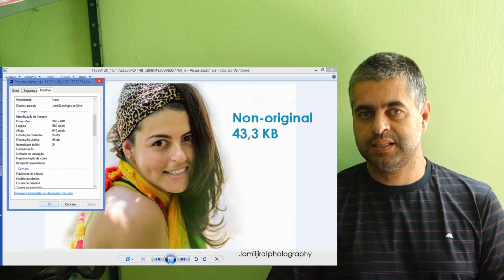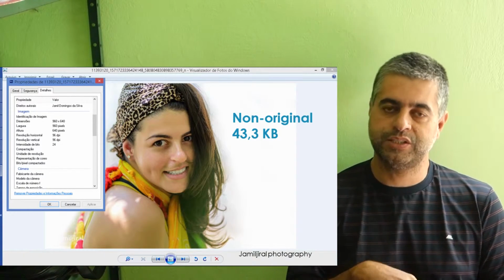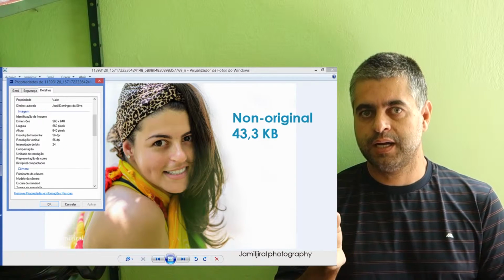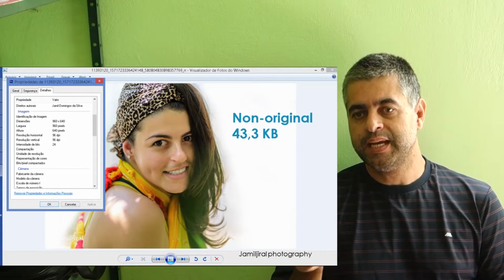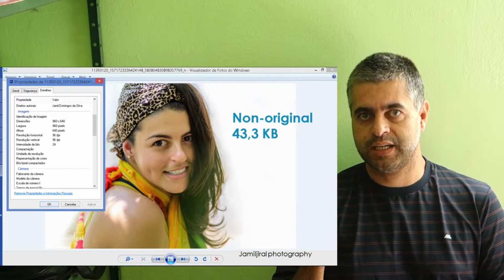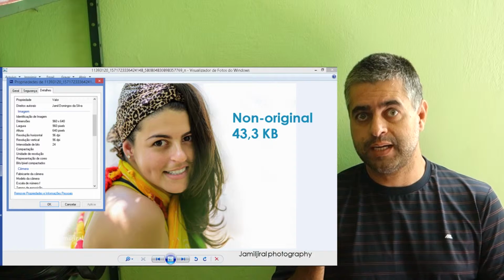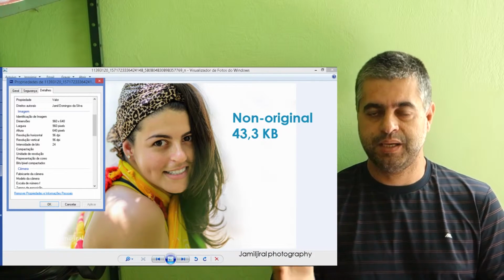It means that in 1 inch we're going to have just 96 dots compared to the original picture, which has 240 dots per inch. It means that this non-original picture, the picture that I downloaded from Facebook, is not suitable for printing because it only has 96 dpi.